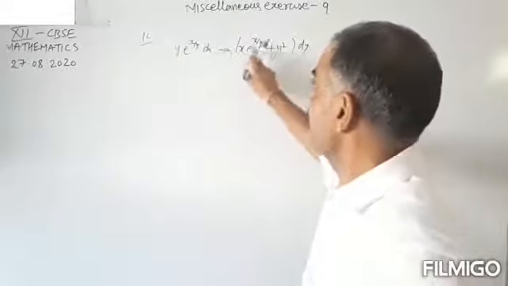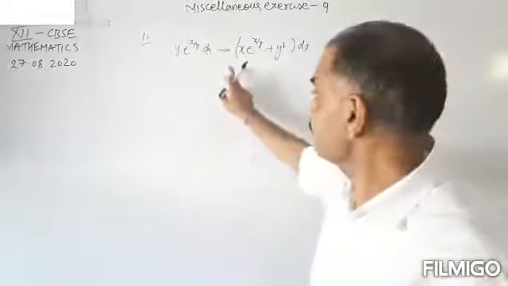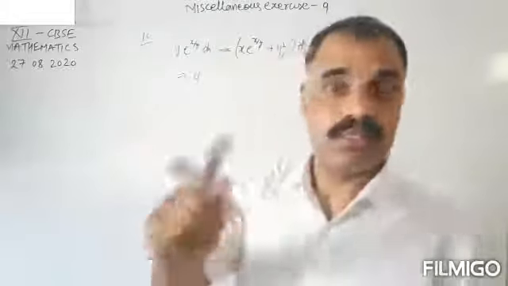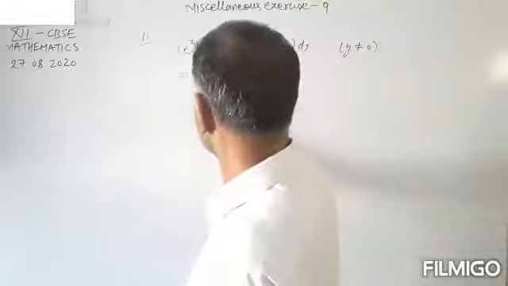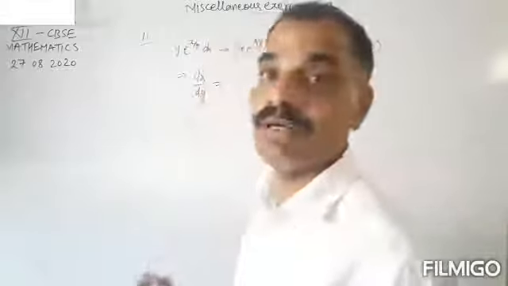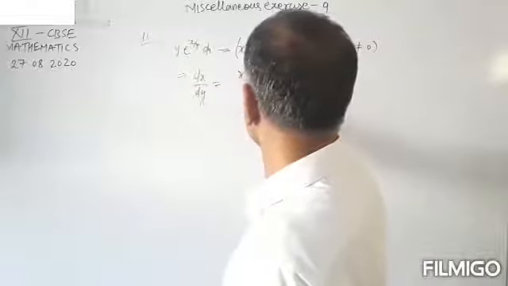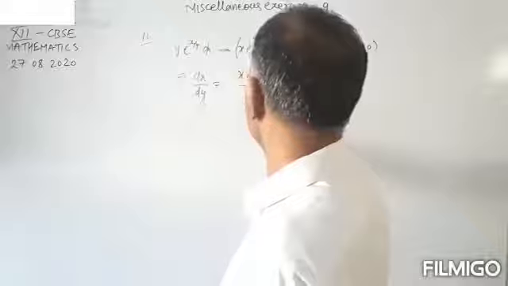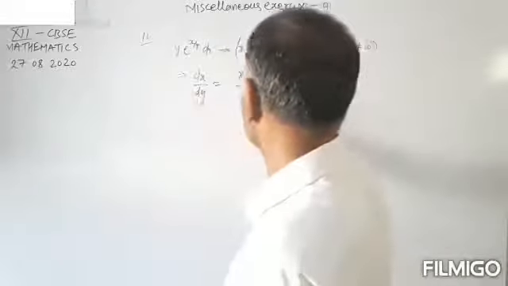Now x upon y is given, so we will put this differential equation in the form of dx upon dy. So dx upon dy is equal to x e to the power x upon y plus y square, upon y e to the power x upon y.